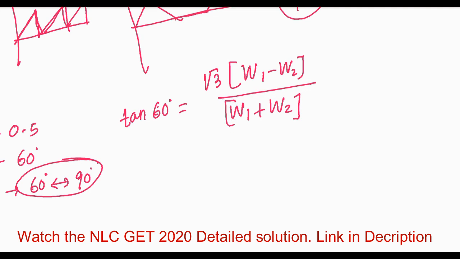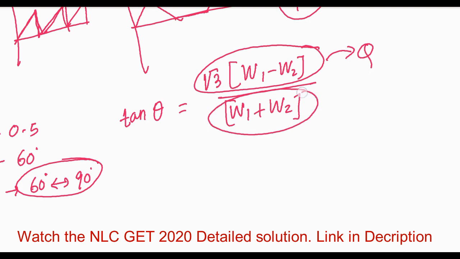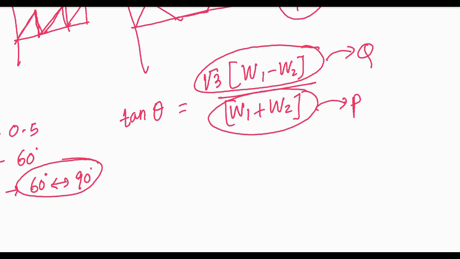Theta is the power factor angle. Here √3 (W1 minus W2) is the reactive power, and W1 plus W2 is the real power, and W1 and W2 are the readings of 2 wattmeters connected to the 3-phase system to measure the total power consumed by that 3-phase system.